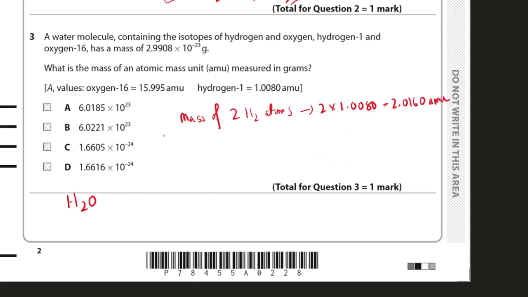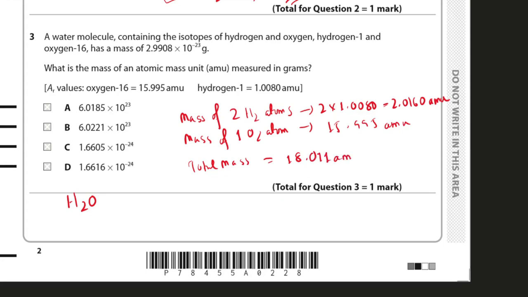And on the other hand, the mass of one oxygen atom would be about 15.99 AMU as stated down here. So the total mass, if you just add both of them up, would be 18.011 AMU. That's right, if you just add both of them up.